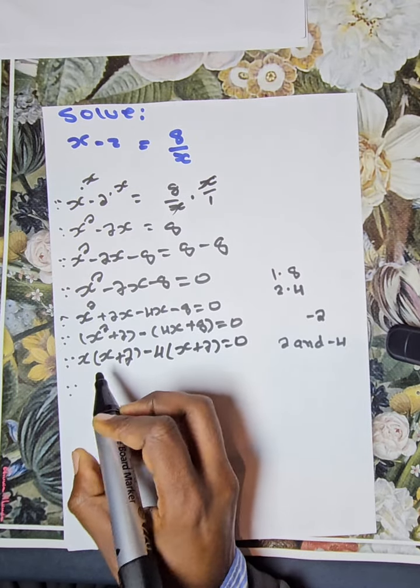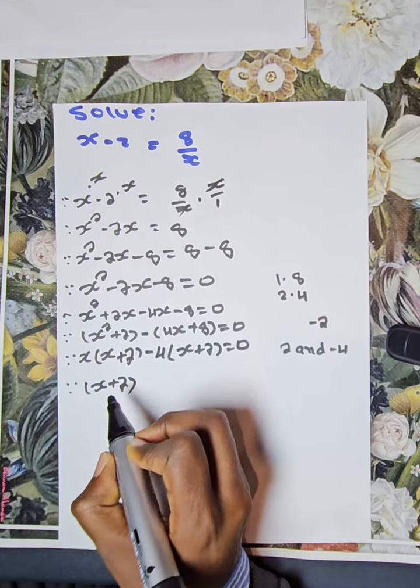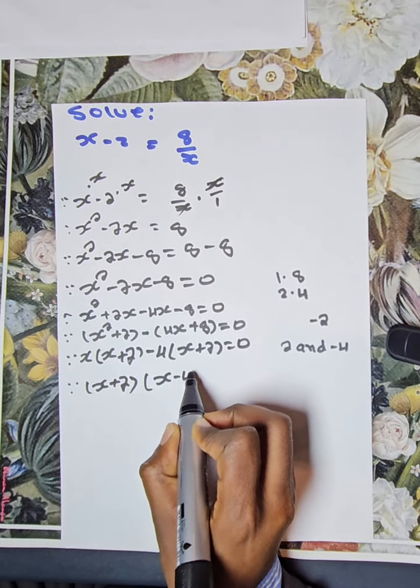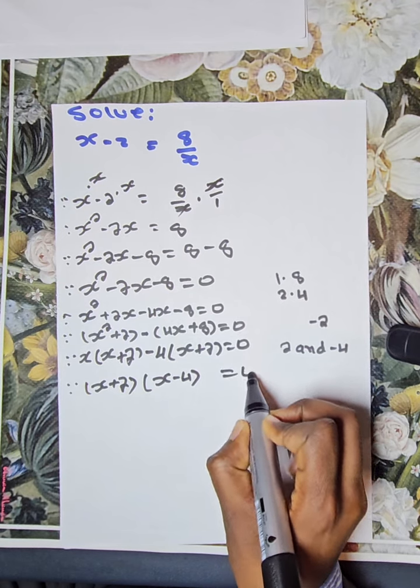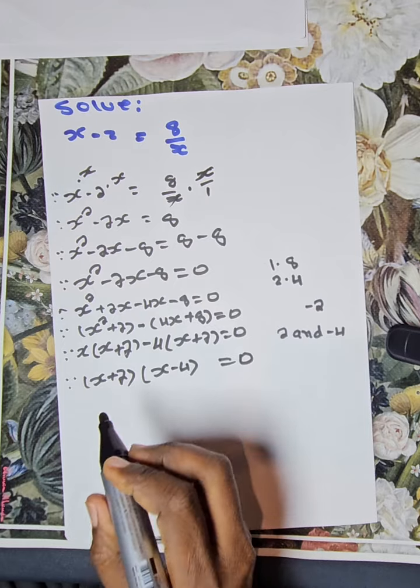Now we have identical brackets, therefore take out x plus 2 as a common factor, and then x minus 4, and all equal to 0. Now you have factorized and you have it in factor form, all equal to 0.